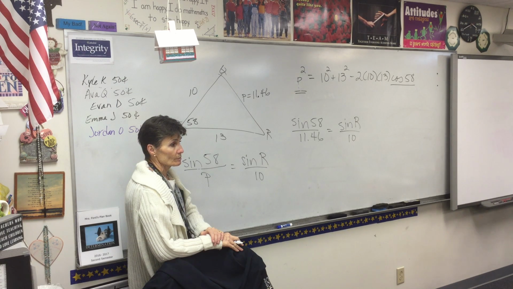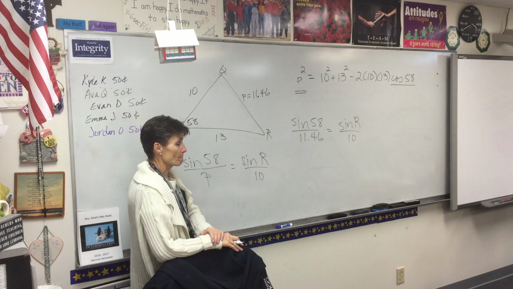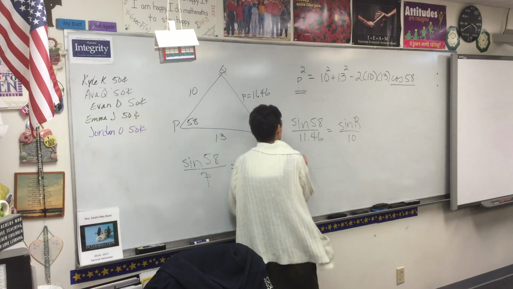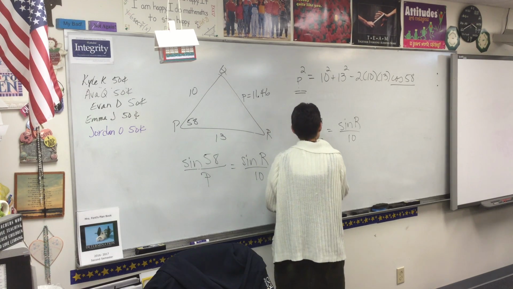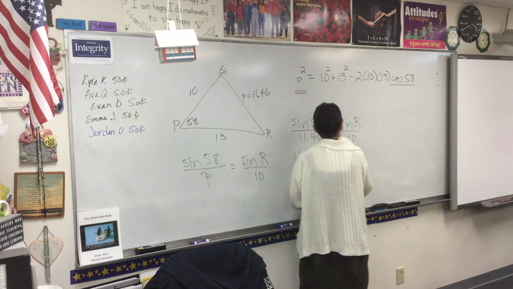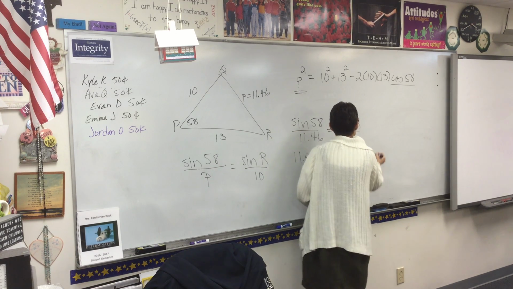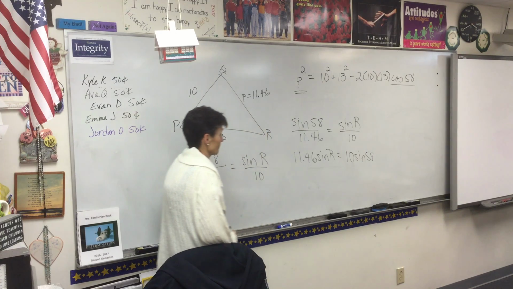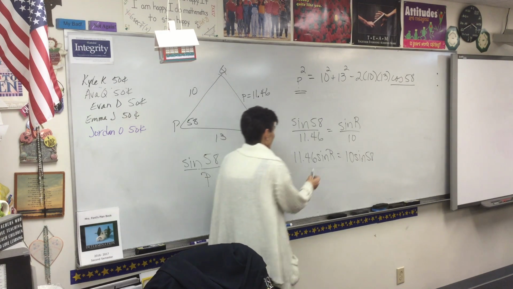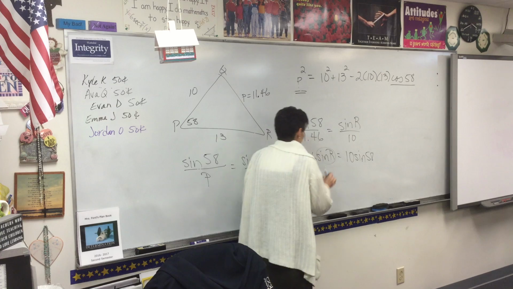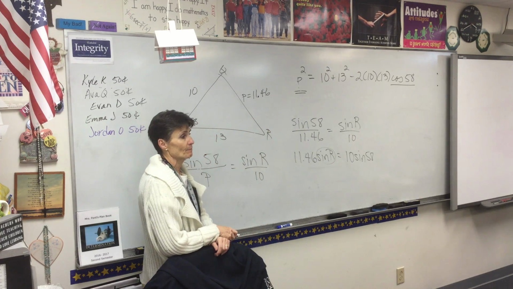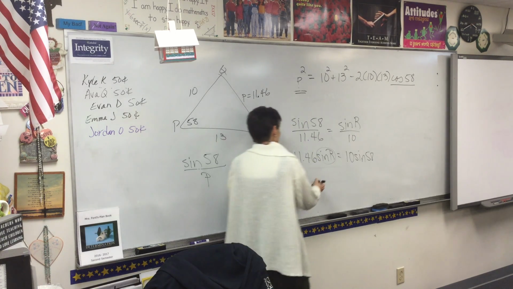So what do we do? Cross multiply. So 11.46 sine R equals 10 sine 58. Now remember, this is what you're solving for. So what are you going to divide by? 11.46.